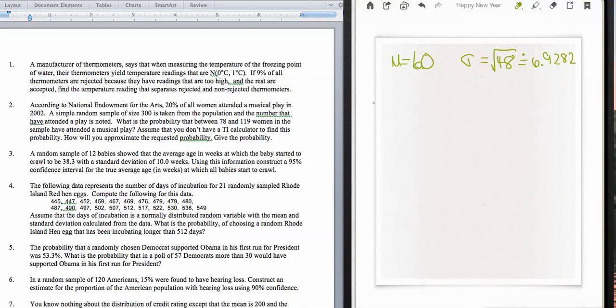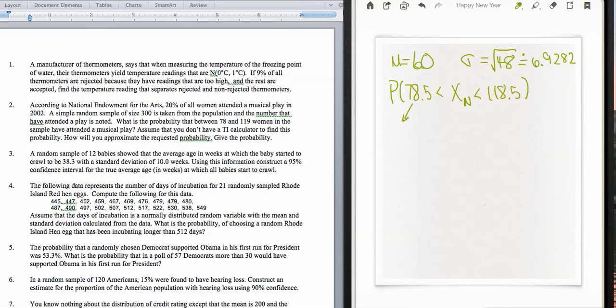So now I have to standardize this probability. So the probability of being between 78.5 and 118.5 is just going to get standardized.